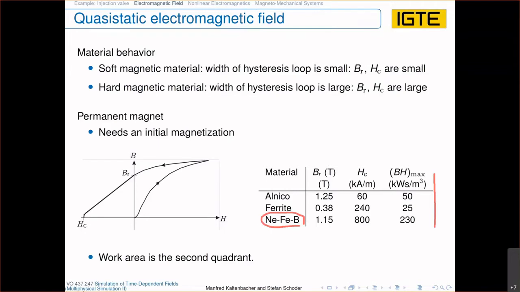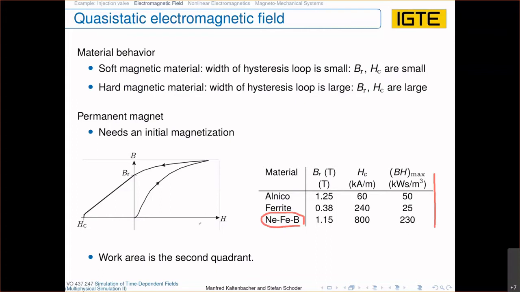You have a remanent magnetic flux density of about 1.15 Tesla, which is quite large, and you also have a large coercive magnetic field intensity Hc, so the product, which is proportional to the energy, is also quite large.